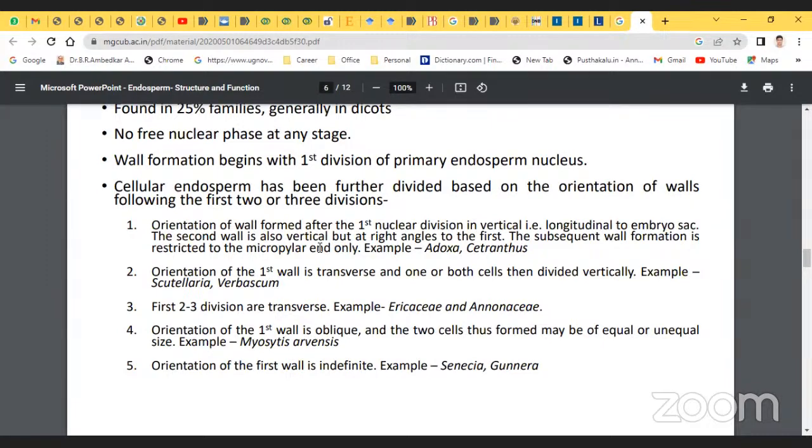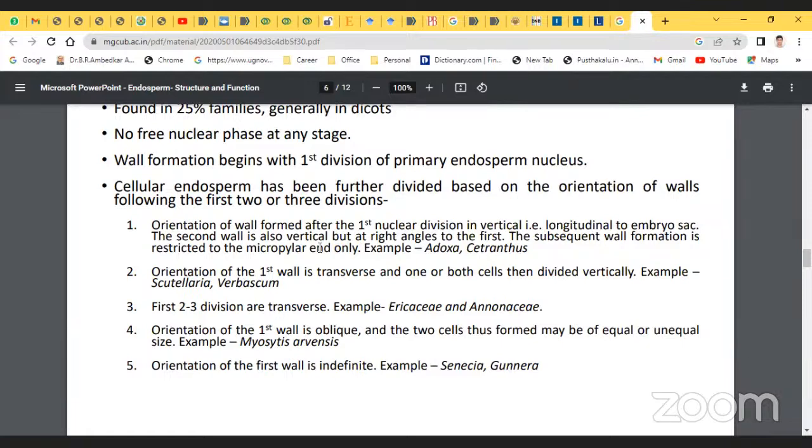Subsequent wall formation is restricted to the micropylar end. Examples are Adoxa and Centranthus. When the first wall is transverse and one or both cells then divide vertically, examples are Scutellaria and Verbascum. When the first two or three divisions are transverse, examples are Ericaceae and Araceae.